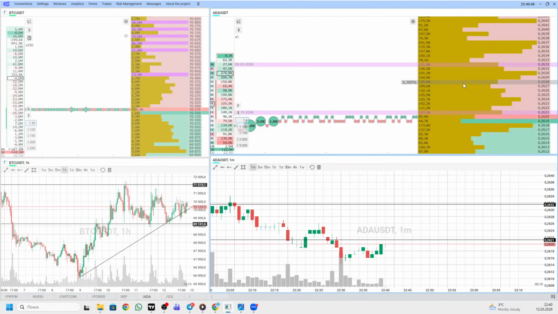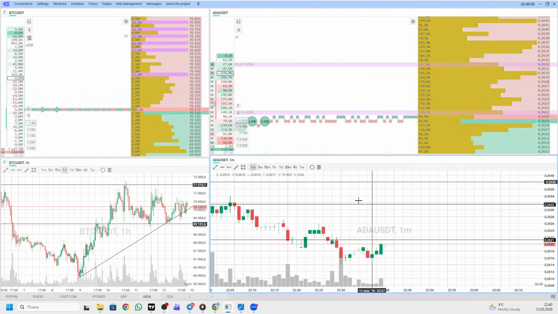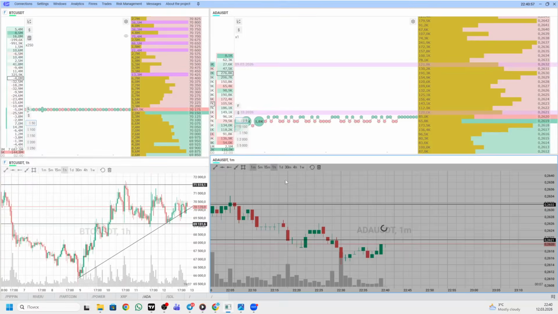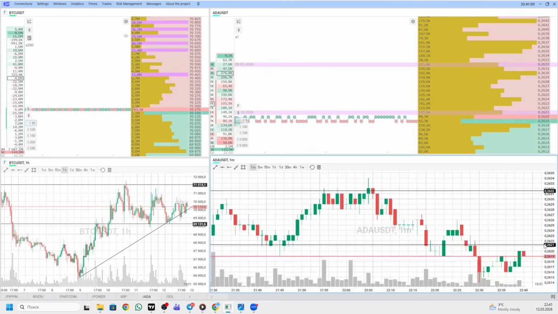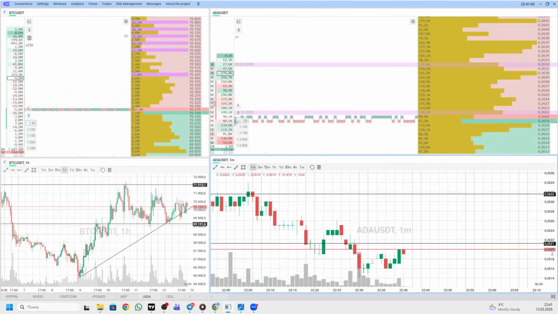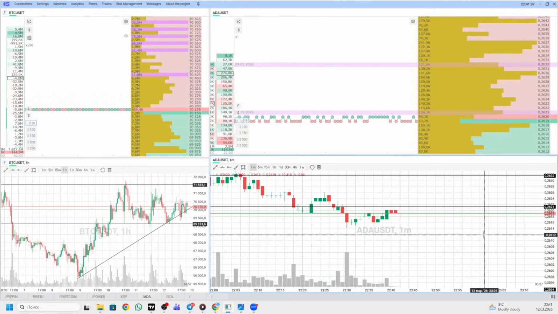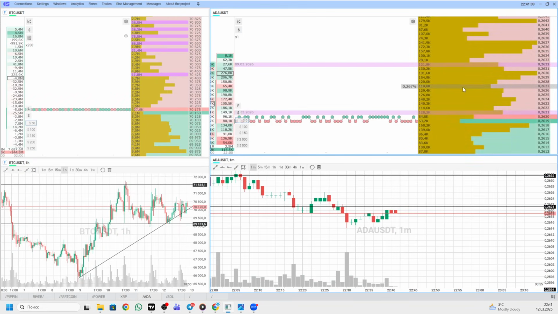The right button is for selling or entering a short position. Right here I want to go short because I know that here is the level, so I will go short, if it gets into this area, of course.